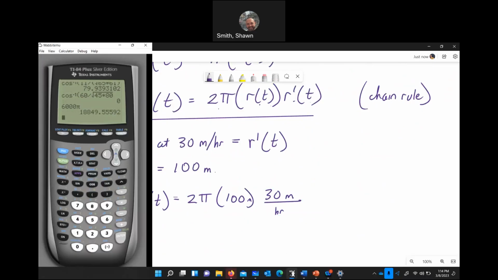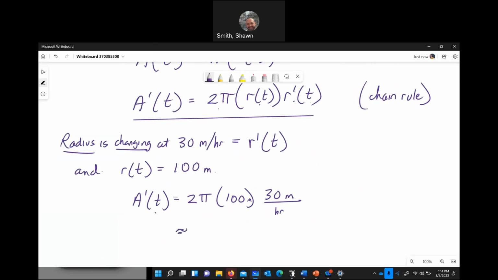About 18,850 meters squared per hour. So the area is changing roughly almost 19,000 meters squared every hour. Or just a radius changing at 30 meters per hour. So that radius is linear, the area is quadratic, right?